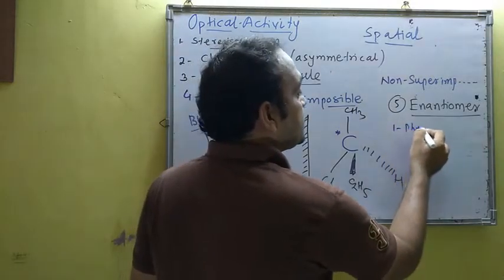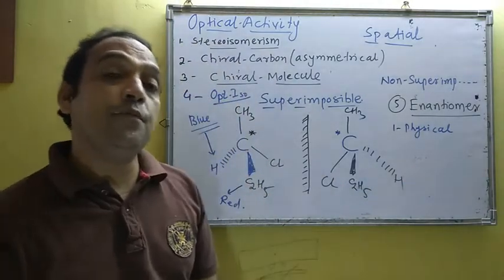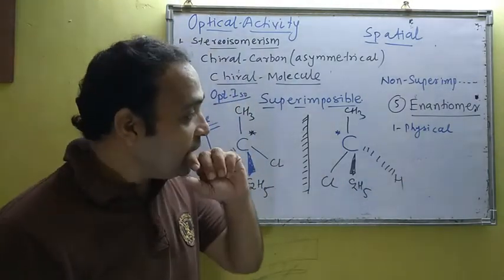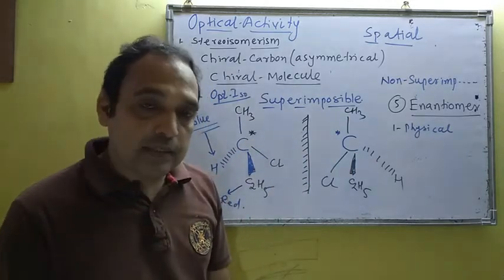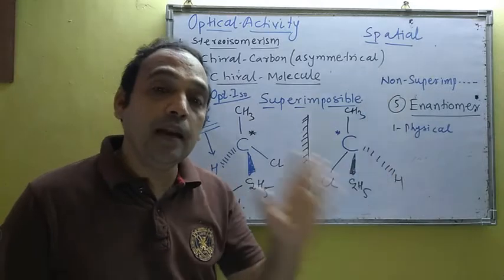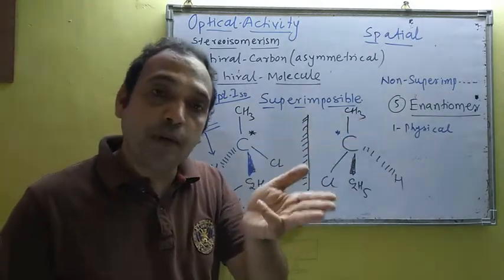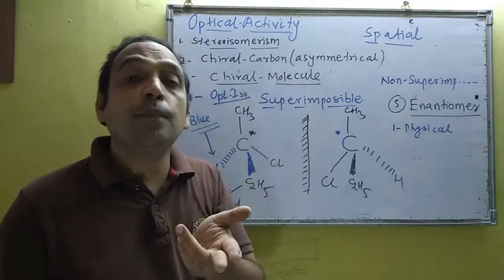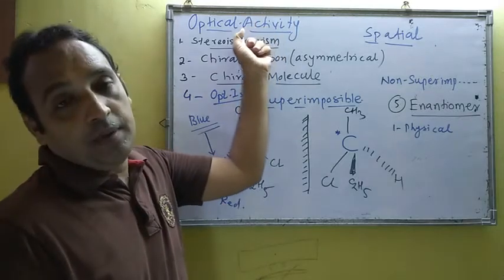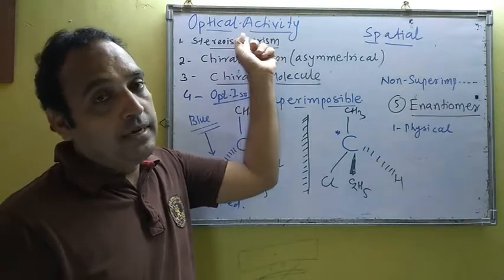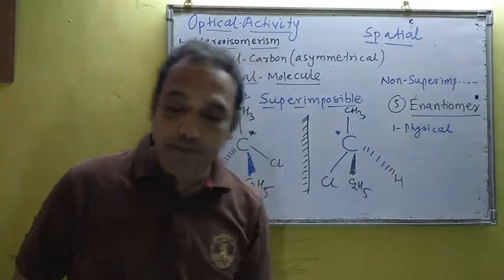Enantiomers have identical chemical properties, except the sign of rotation, which we will discuss in optical activity. After 2 or 5 minutes, I will repeat again what the characteristics of enantiomers are.